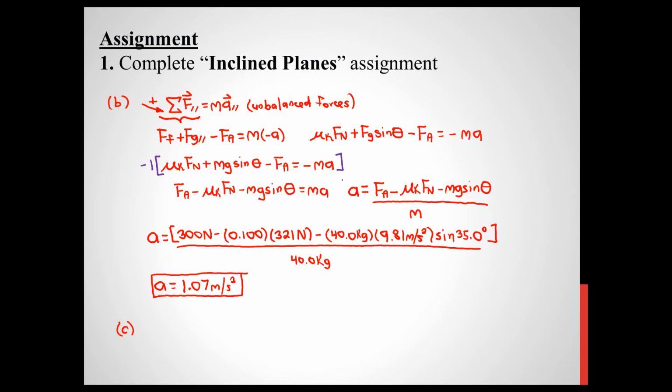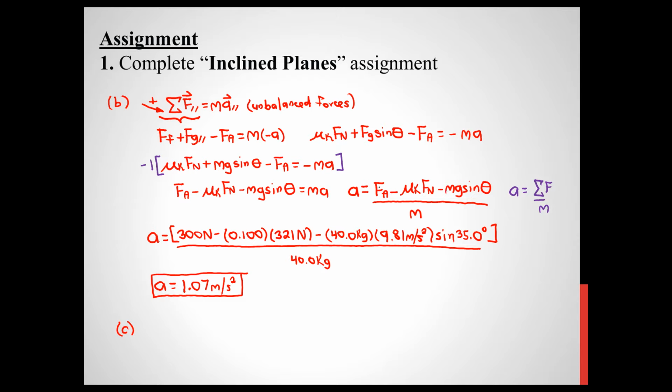If we look at our acceleration equation at the top, it's put in a format where acceleration is equal to the net force divided by m. A matches up with A, M matches up with M, therefore the numerator needs to be the net force.